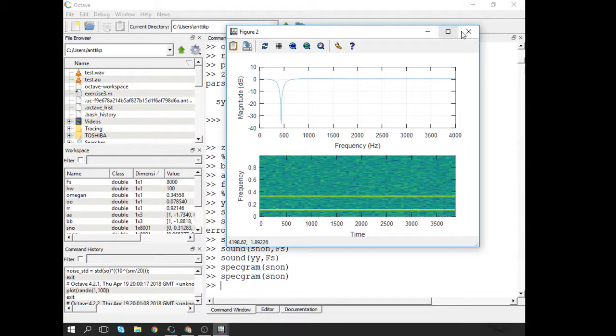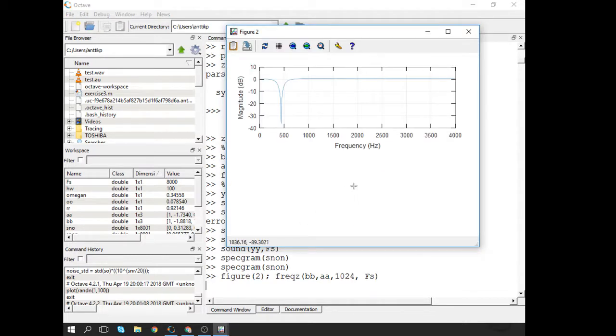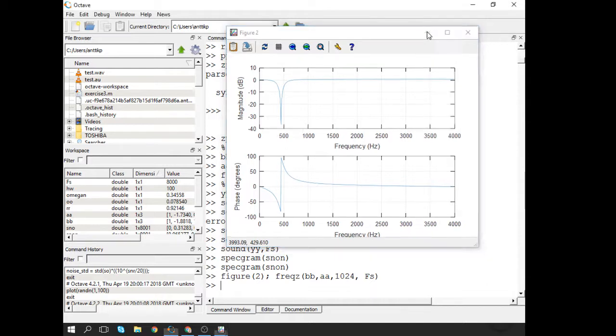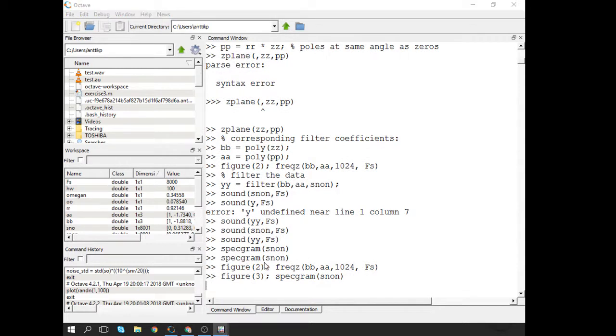I hate when that happens. Bigger. That was my. Oh, that one, but the specgram. New figure. There.